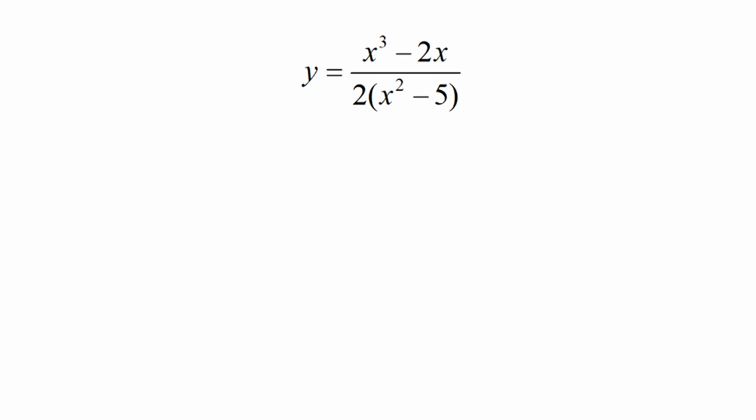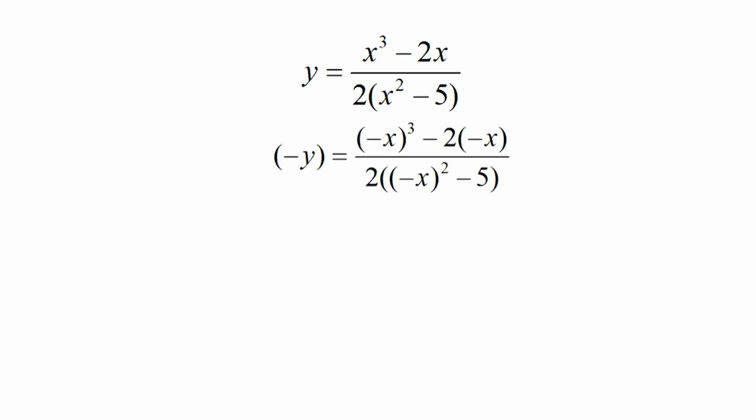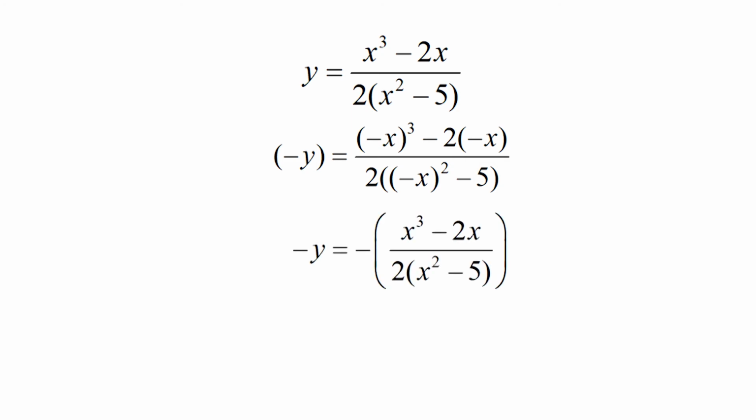When we replace x and y with minus x and minus y respectively, we obtain minus y is equal to minus x whole cube minus 2 times minus x whole divided by 2 times minus x square minus 5, that is minus y is equal to minus of x cube minus 2x whole divided by 2 times x square minus 5.